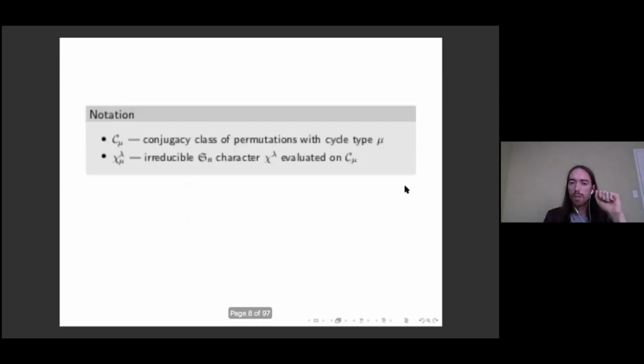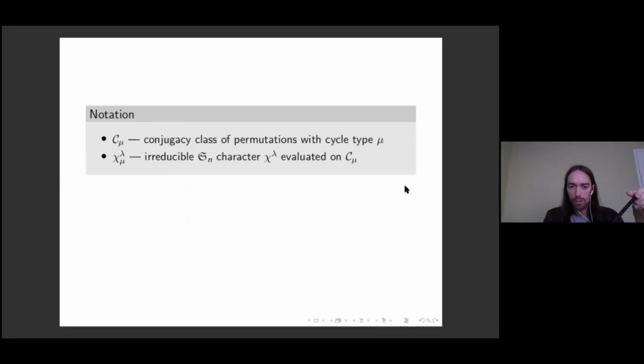So now I want to generalize some of these notions a little bit, introduce some notation. So I'm going to let this C_μ symbol denote the conjugacy class of permutations with cycle type μ. And I'm going to use χ with a superscript λ and subscript μ to denote the S_n irreducible character χ^λ evaluated at C_μ.